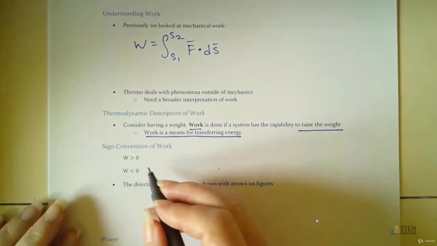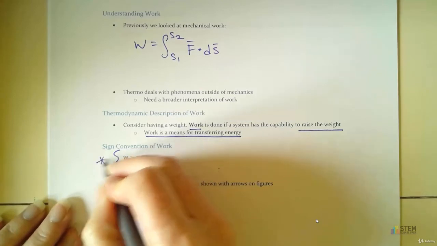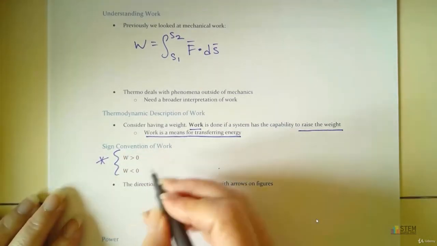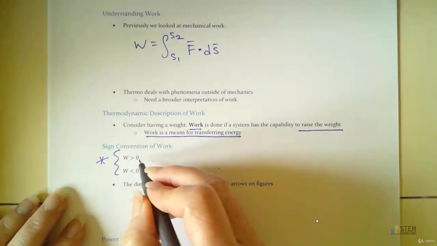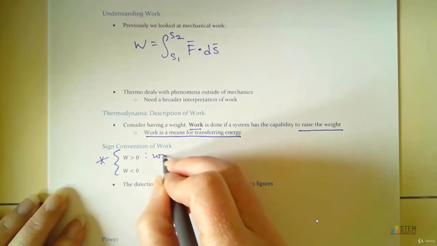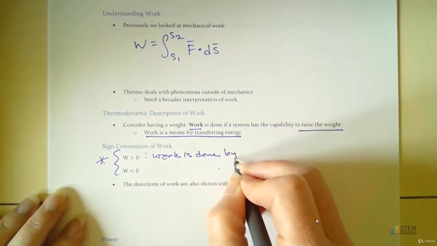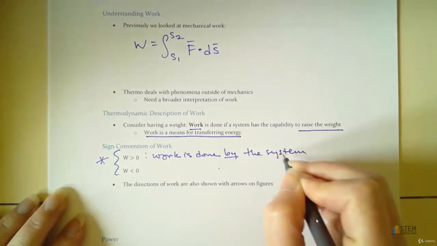Now we're going to have a sign convention for work. This is going to be something you're going to need the rest of the course. So you might want to highlight it. So if work, which is W, is greater than 0, we're going to say that work is done by the system. Okay, so it's done by the system.